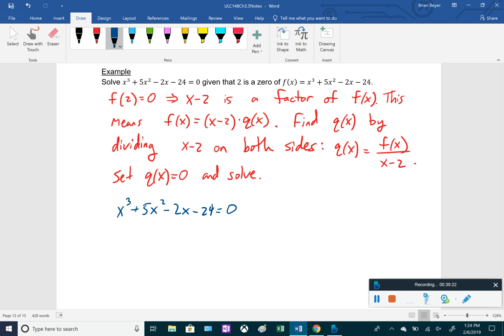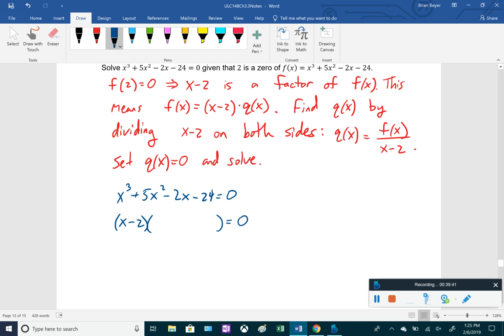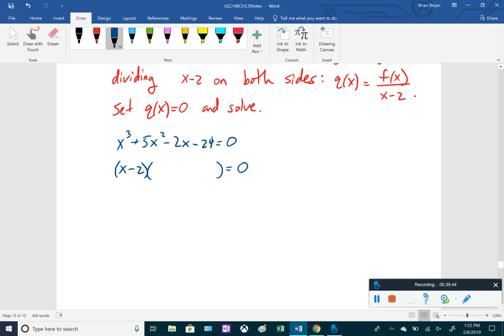So what we're going to do is we factored it halfway. Based on the factor theorem, we know that we can factor it as x minus 2 times something else. So we can find that something else by using synthetic division.